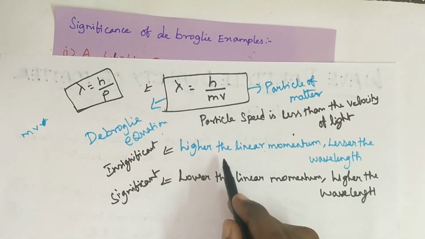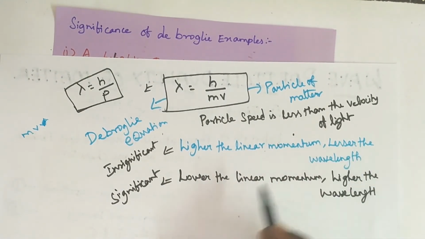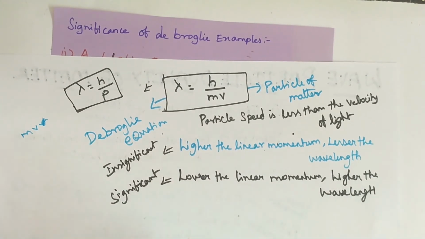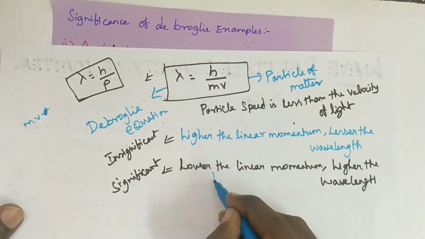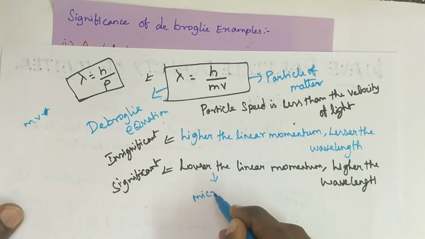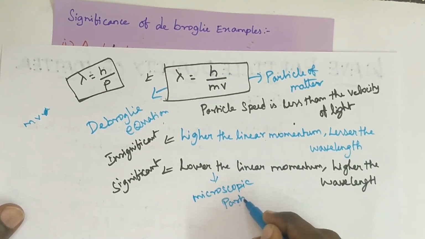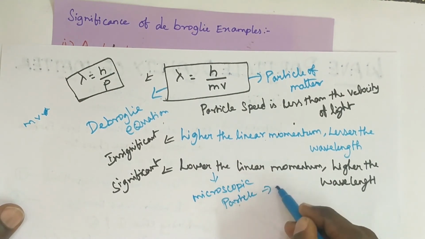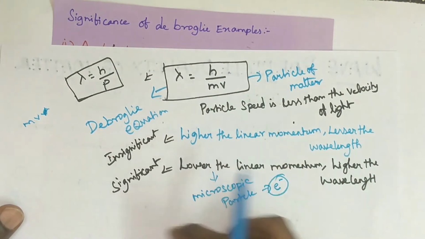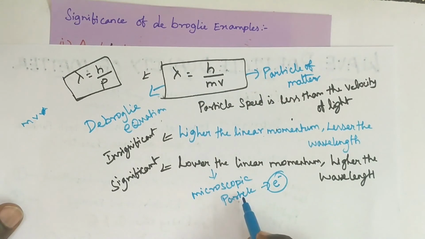The significance of de Broglie means higher the linear momentum, lesser the wavelength, and lower the linear momentum, higher the wavelength. It is possible in microscopic particles. Microscopic particle means they consider the electron, because the whole concept is based on the electron.